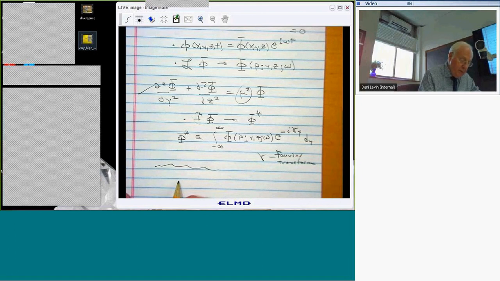I have the Fourier transform of this, by definition, the integral from minus infinity to plus infinity of this.